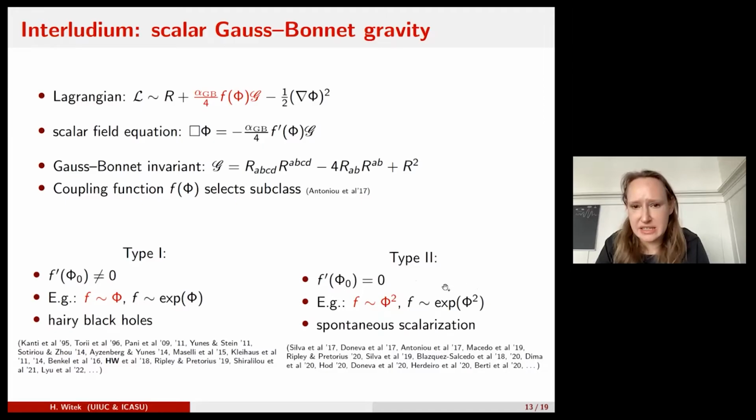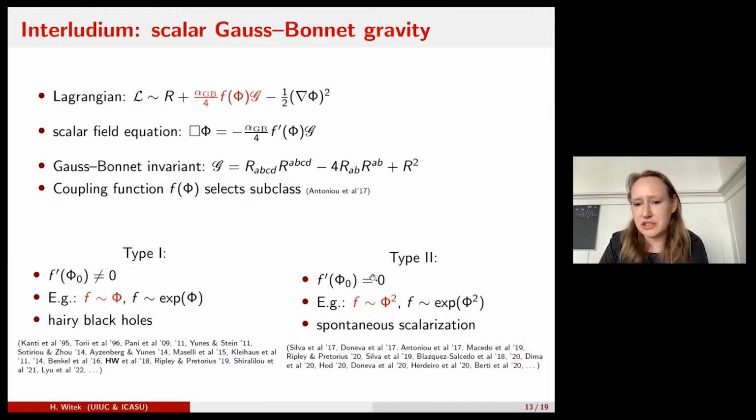In this case, if the derivative of the coupling function with respect to the scalar field vanishes, the right-hand side becomes 0, and you just have a massless scalar field around a black hole, which, even if we have a small perturbation, would decay. That is to say, the black holes of general relativity, the Kerr solution and the Schwarzschild solution, are still solutions in this type 2 Gauss-Bonnet gravity.